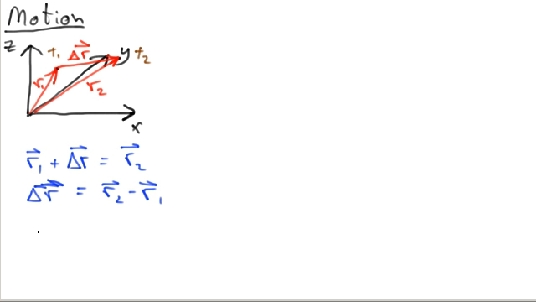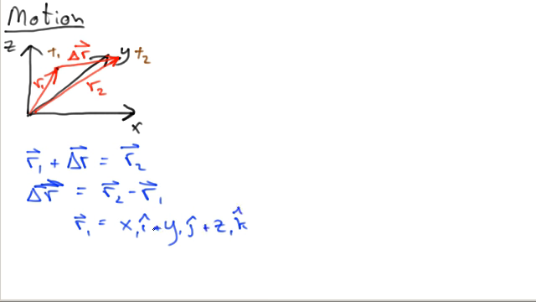So in Cartesian unit vector notation, r1 can be expressed as x1, y1, z1 times i, j, and k all added together.